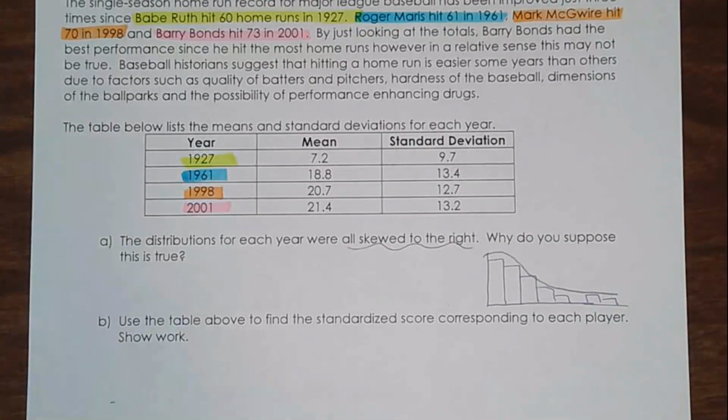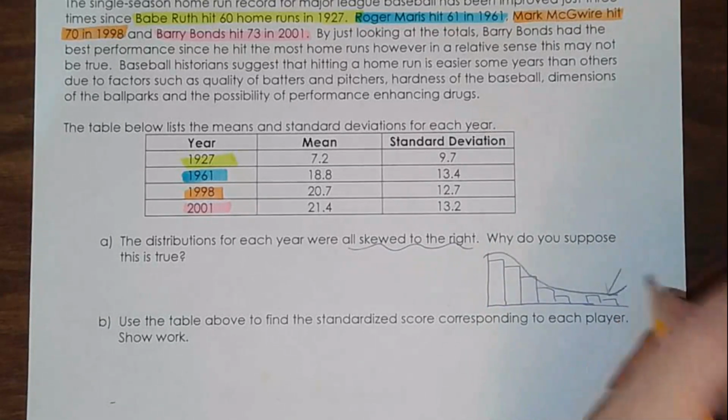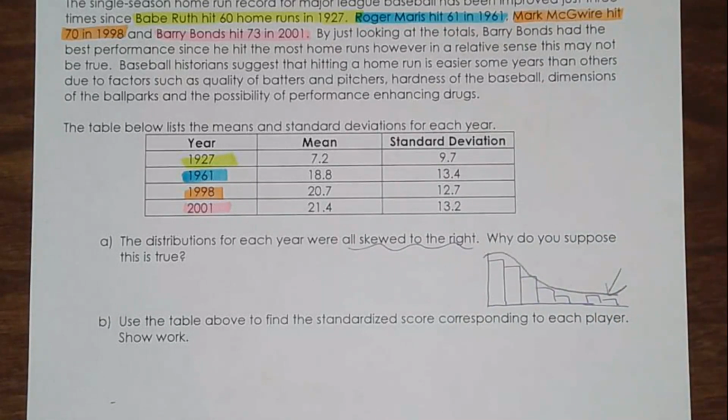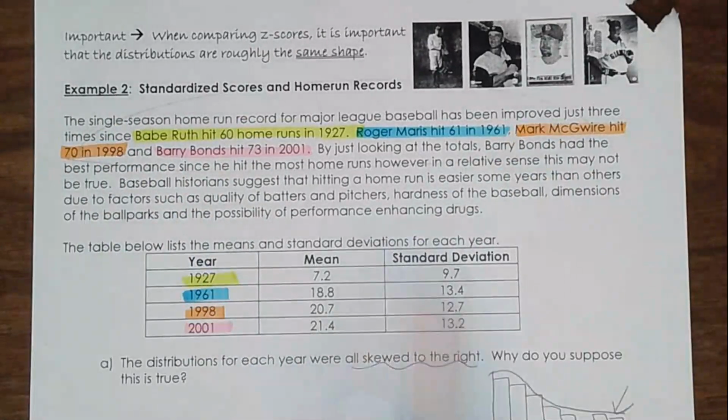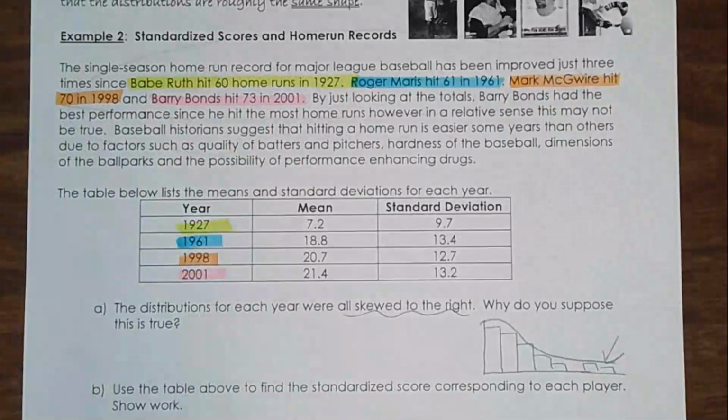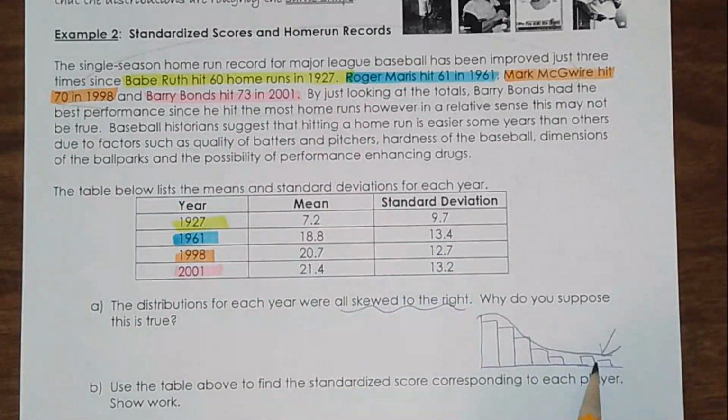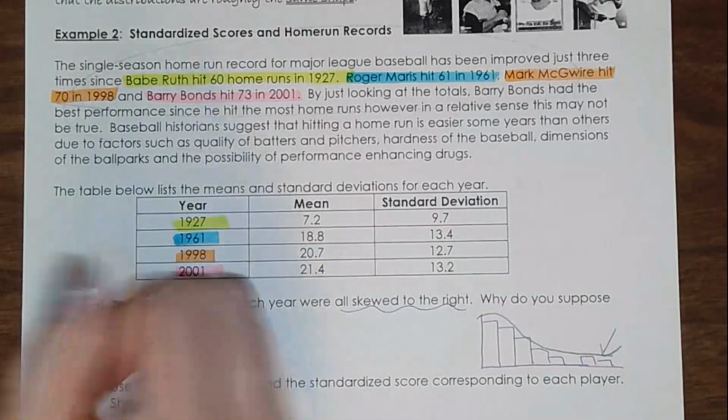In a skewed right distribution, there are outliers or potential outliers at the upper end. I would think all of these players up here are that potential outlier at the upper end of the data set. So why do I think the data is skewed right? Why am I not surprised by that? Well, because there are few exceptional performances.